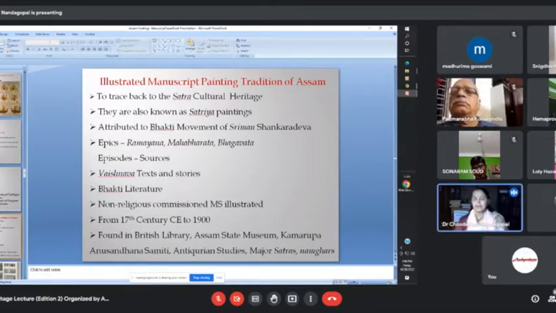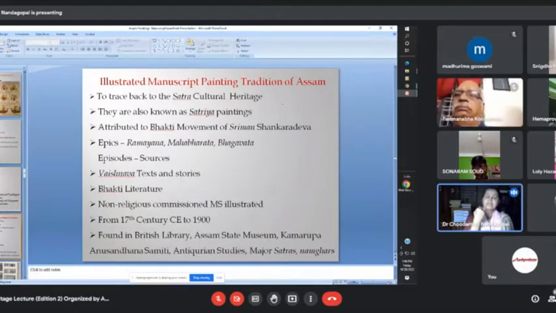So, to trace back to the Satra cultural heritage, the place where the bhajans or the offerings are done is known as Satras in Assam. So, the paintings that are created in these Satras are known as Satriya paintings.